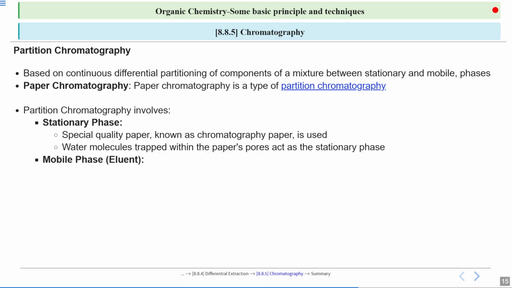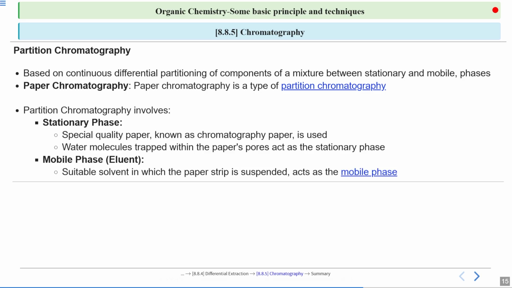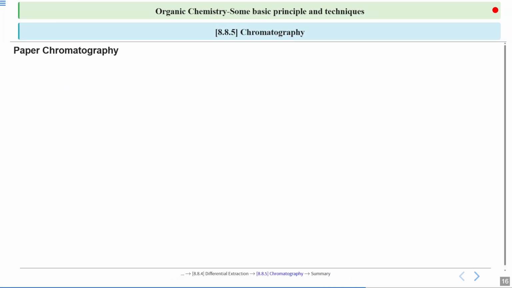Next we have the mobile phase, which is also known as eluent. In that case, we take a suitable solvent in which the paper strip is suspended, and this will act as the mobile phase as usual. So rather than taking silica gel or alumina, you simply take a chromatography paper. Basically, the paper has water pores in between, and that acts as the stationary phase.